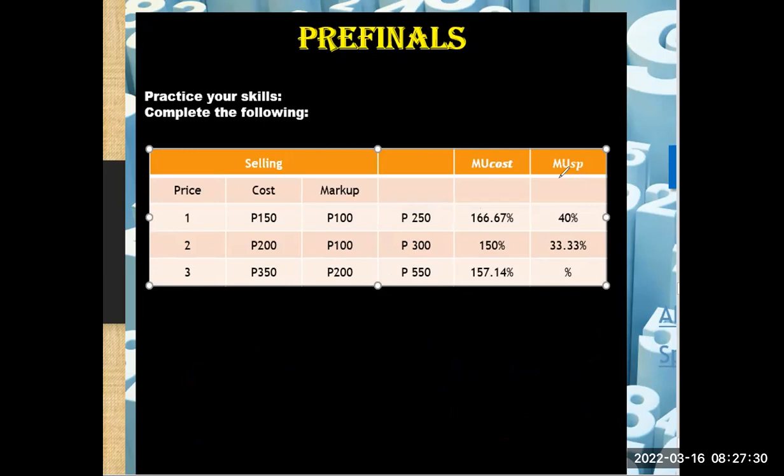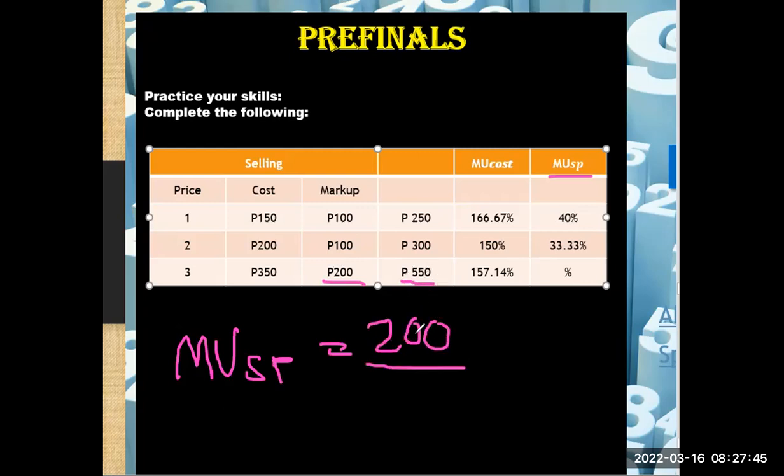So markup based on selling price ulit tayo. So you have 200 divided by selling price natin ay 550. So this is 200 divided by 550.